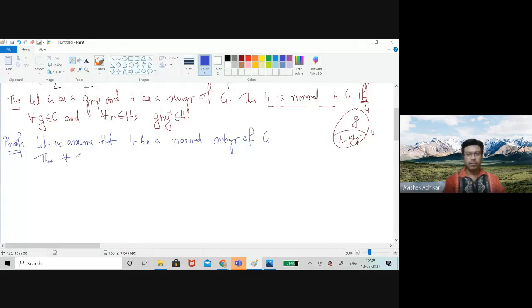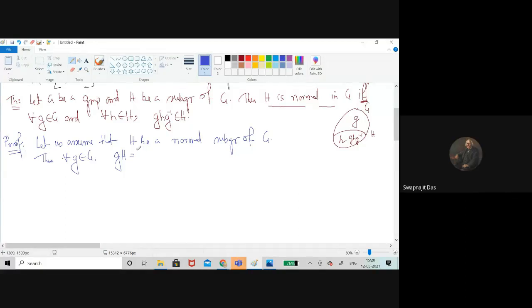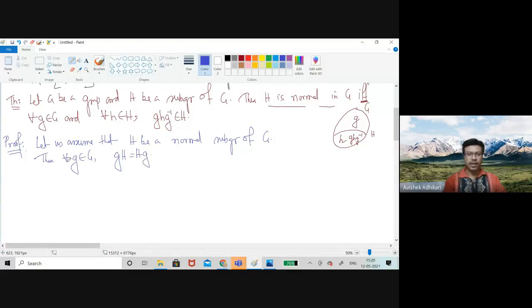Then for all g belongs to G, gH should be equal to somebody? Hg. Very good, Hg. And this is true for all g. So what I need to prove? I need to prove that g h g inverse belongs to H for all h belongs to H.